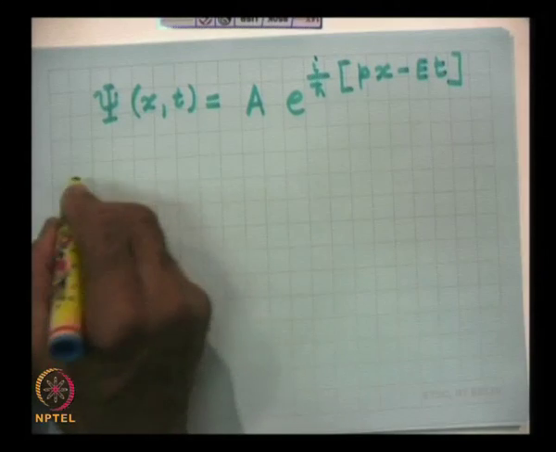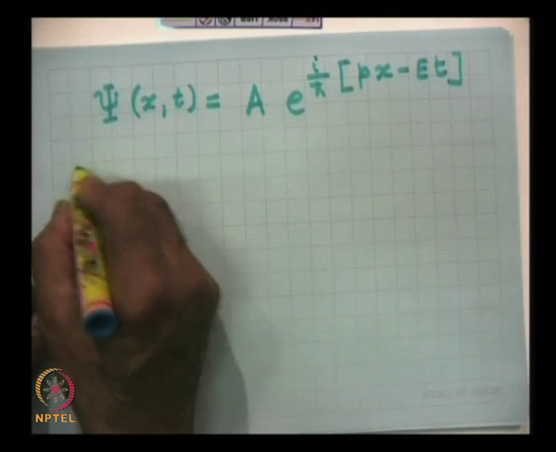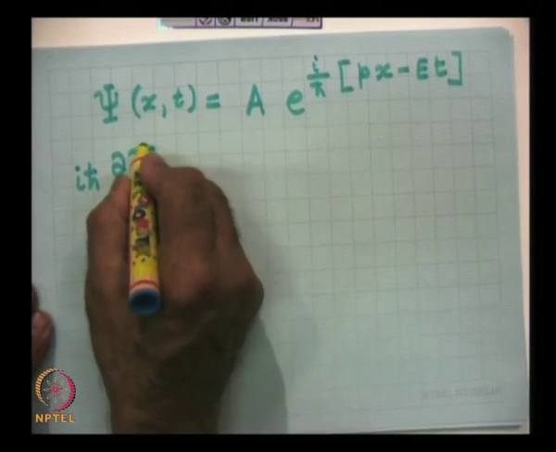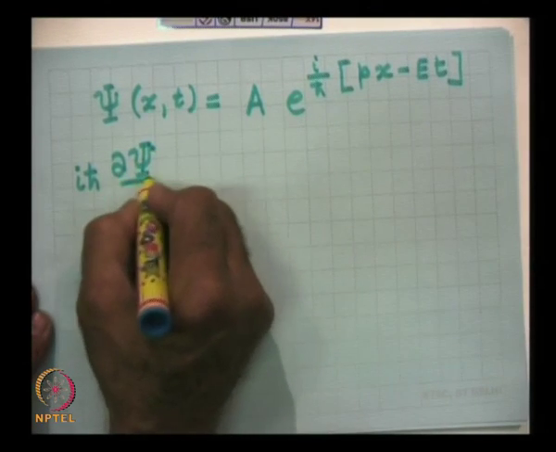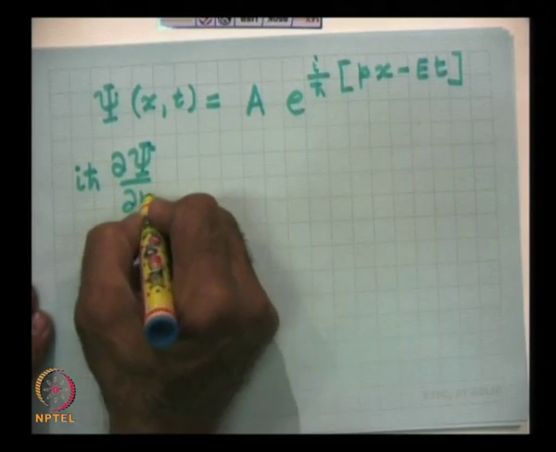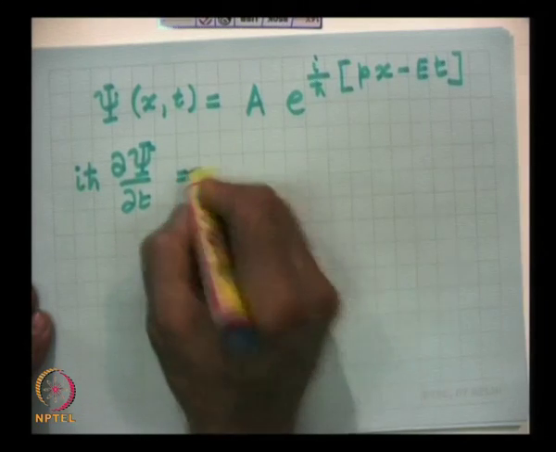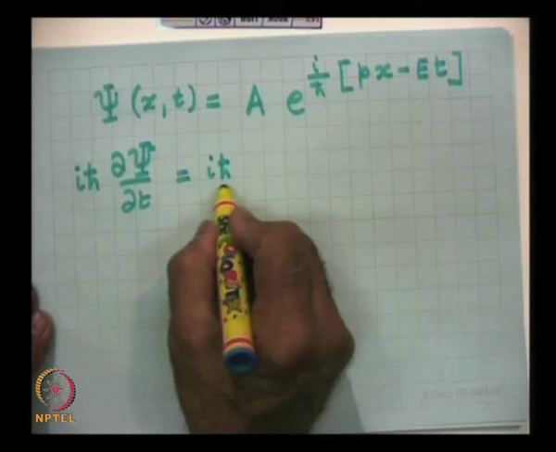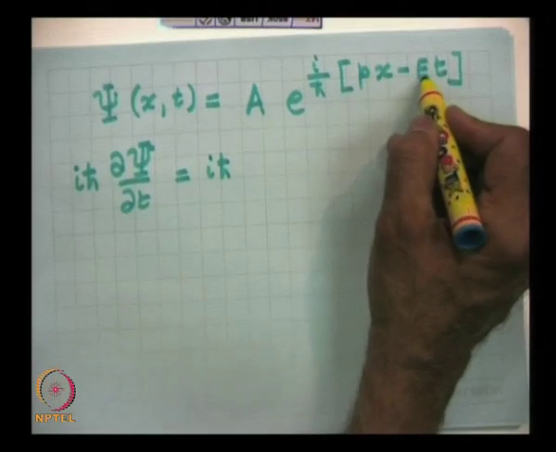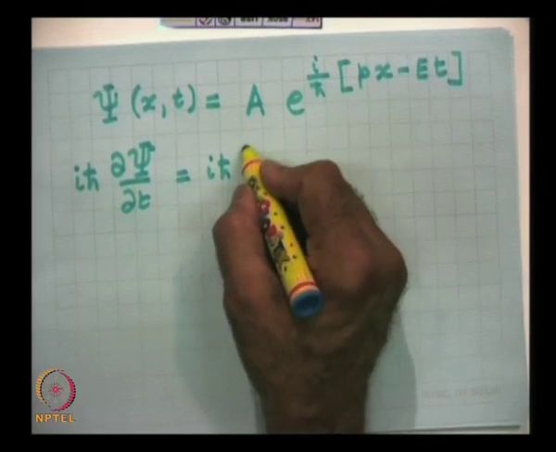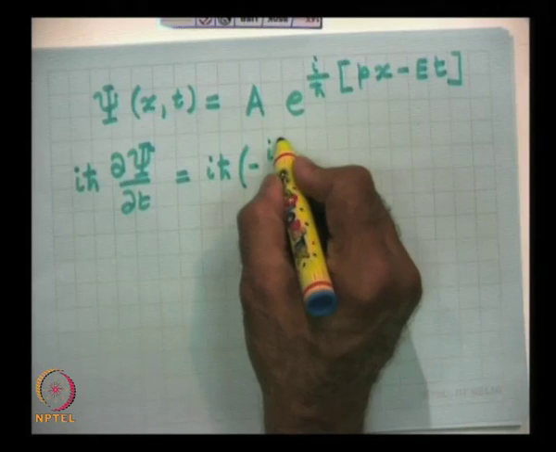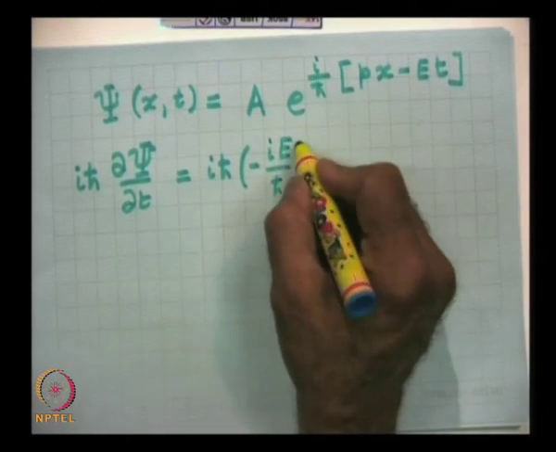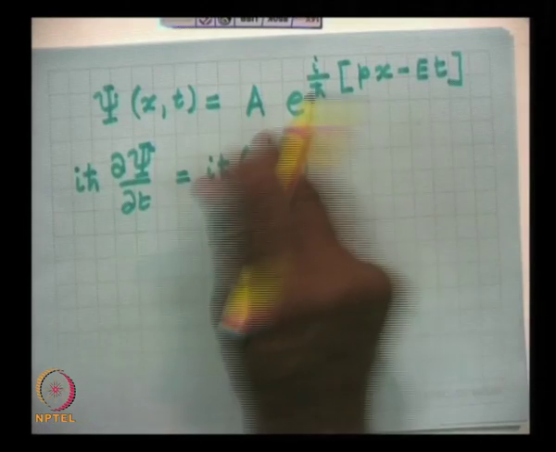Now, I partially differentiate with respect to time, and I write i h cross ∂ψ/∂t, and I obtain i h cross comes from here, and then if I differentiate with respect to time, then I will get minus i E by h cross, and the whole thing again.